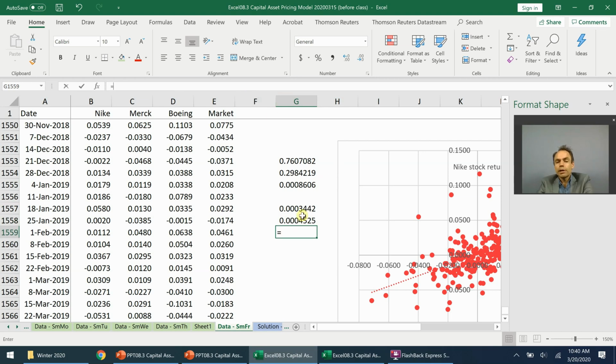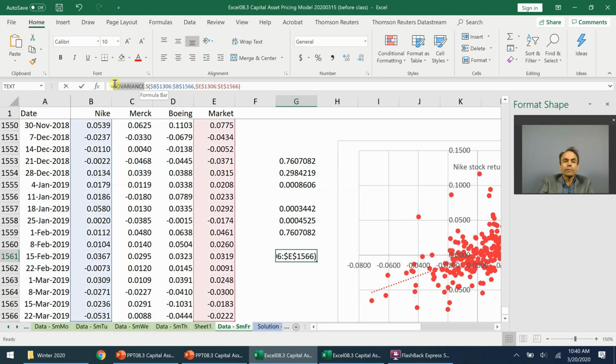And if I take the ratio of covariance of Nike returns with the market divided by the variance of market returns, that ratio is going to be 0.7607, the same as we had from our other techniques. So we have verified how we can estimate beta for a stock using 4 different techniques. Another function you might find useful, instead of covariance, I could have written correlation, CORREL.